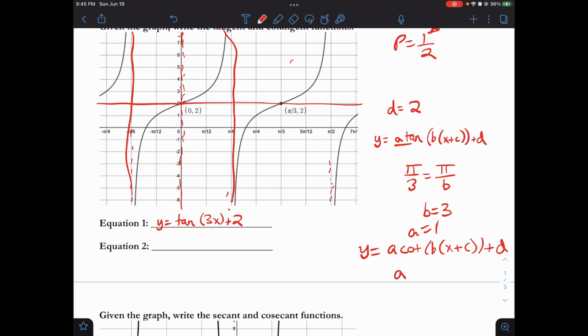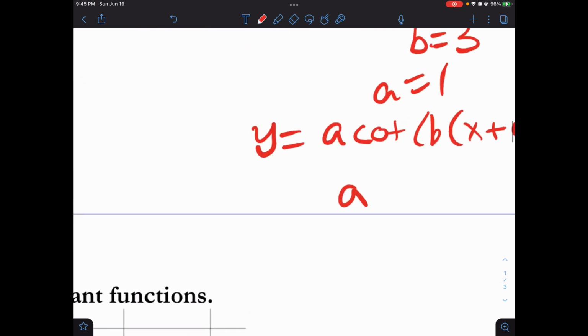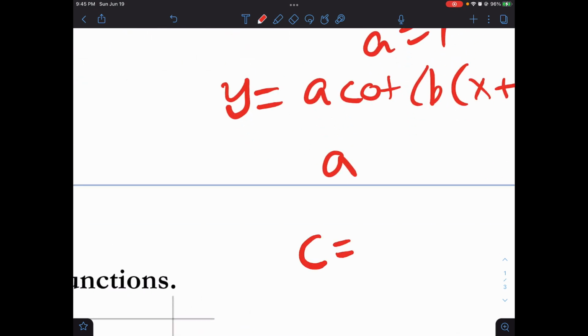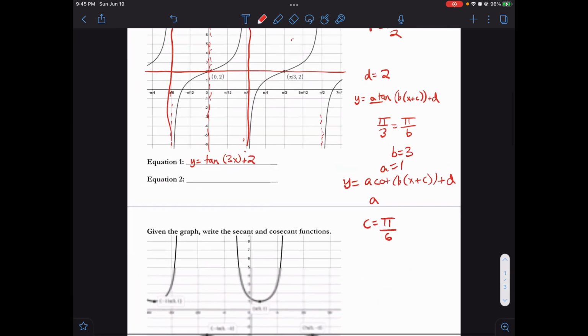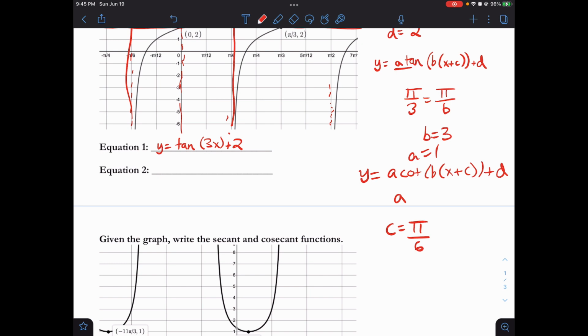In this graph, it's not the y-axis. It has moved to the right, pi over 6. So we have a phase shift of pi over 6.